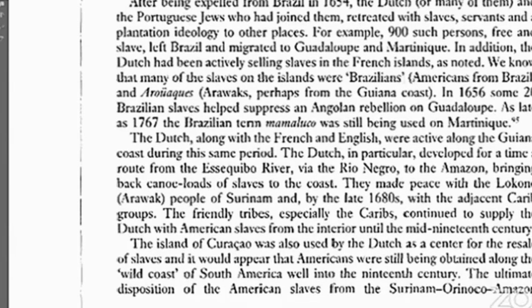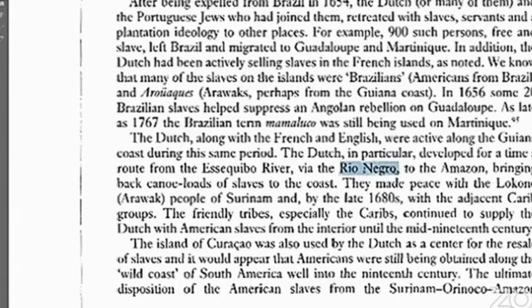The Dutch, along with the French and English, were active along the Guyana coast, and that's in South America again, during this same period. The Dutch in particular developed for a time a route from the Essequibo River via the Rio Negro, again, Rio Negro, that's the real name of the Amazon.